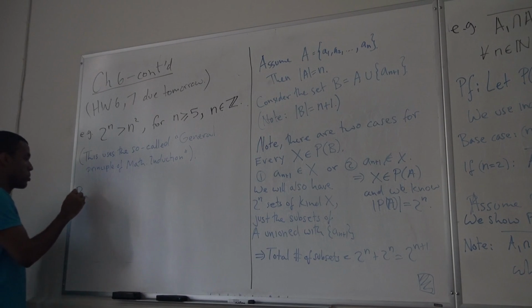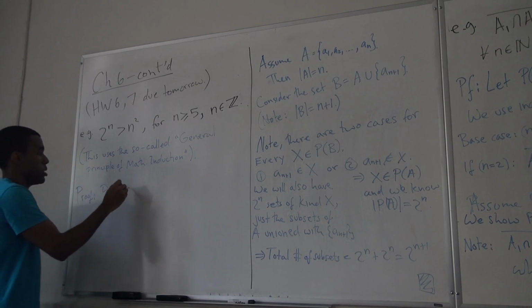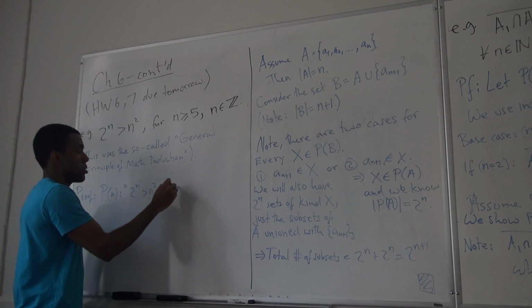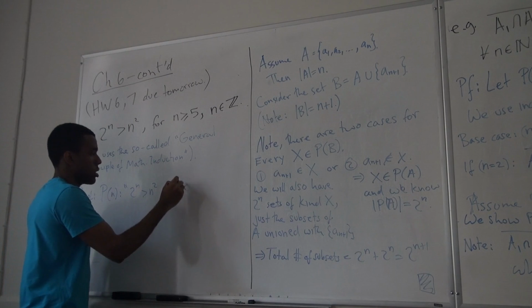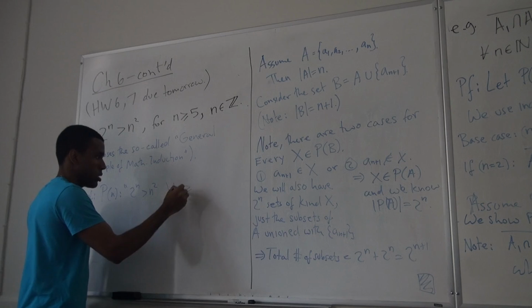So proof. Pn is the statement, 2 to the n is greater than n squared for all n greater than or equal to 5.